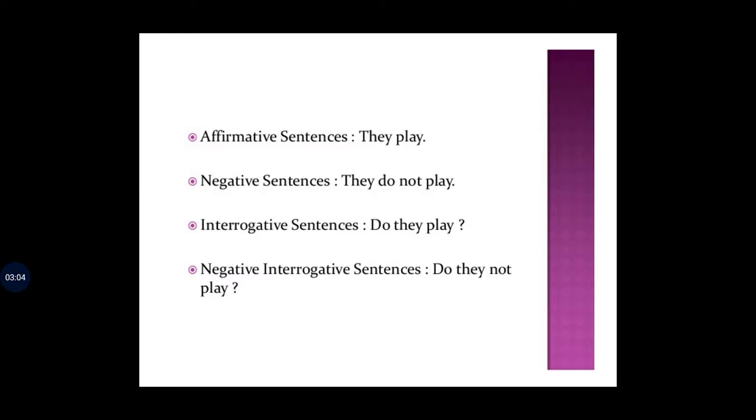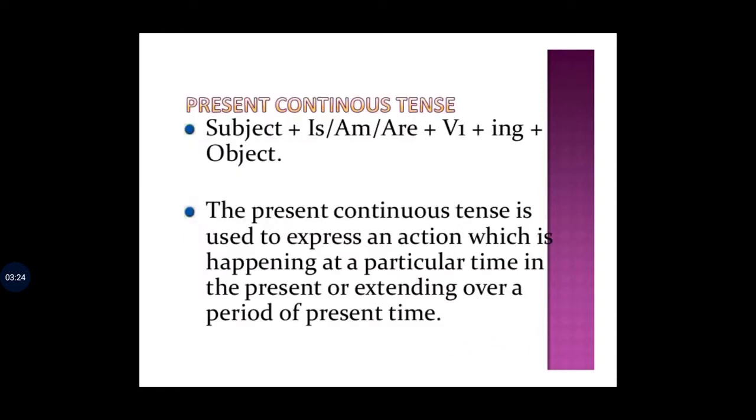Interrogative sentences. Do they play cricket? Negative interrogative sentences. Don't they? If you use the contraction, you can use don't they. If you don't use the contraction, you have to say, do they not play?